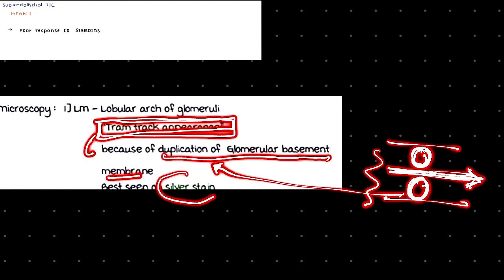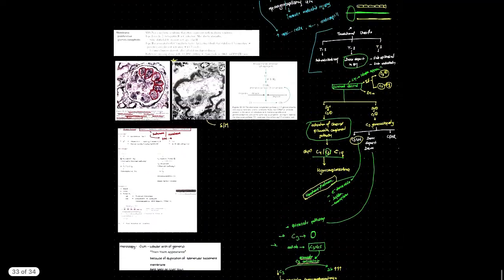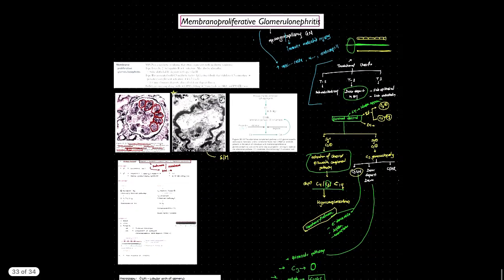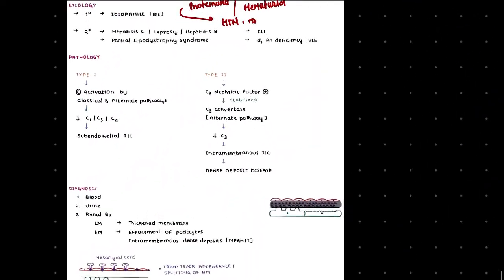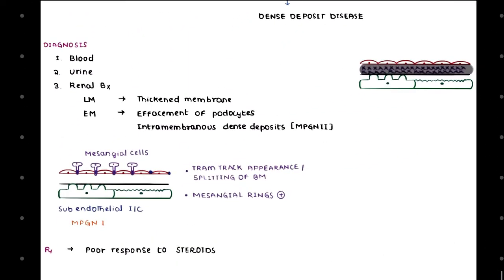It is best seen in our silver stain. I forgot to mention this in the diagram right here. Another thing we need to know: as you can see, this is our mesangial cell, and these are our endothelium.